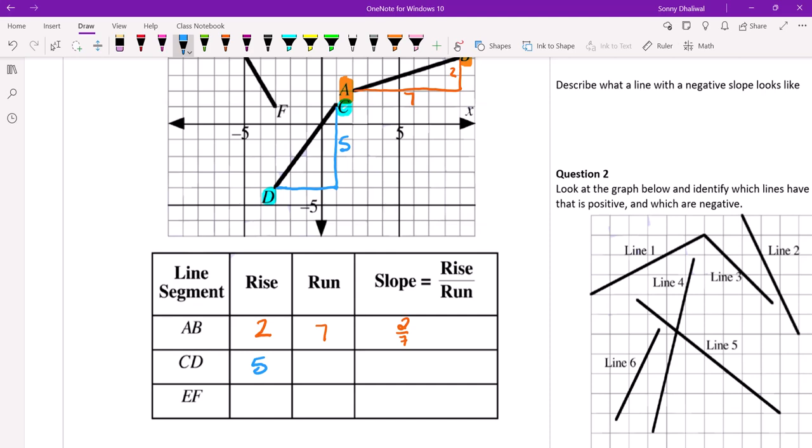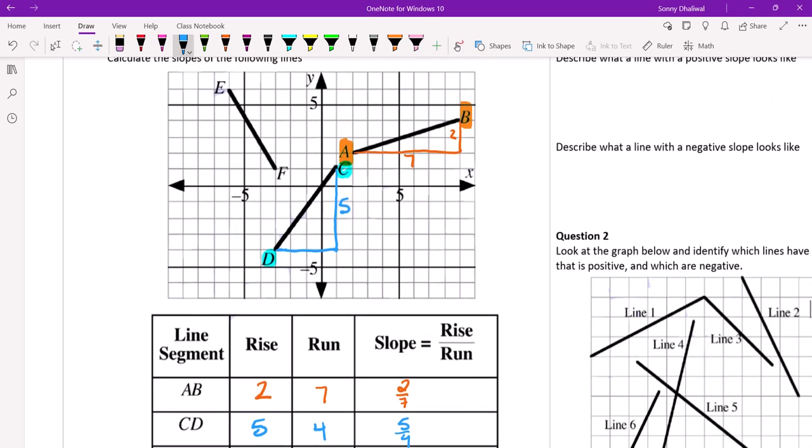Horizontally, how far? 4 bricks: 1, 2, 3, 4. Okay, so our slope is just 5 over 4. Where do you see 0.5? Half the box is colored with black.